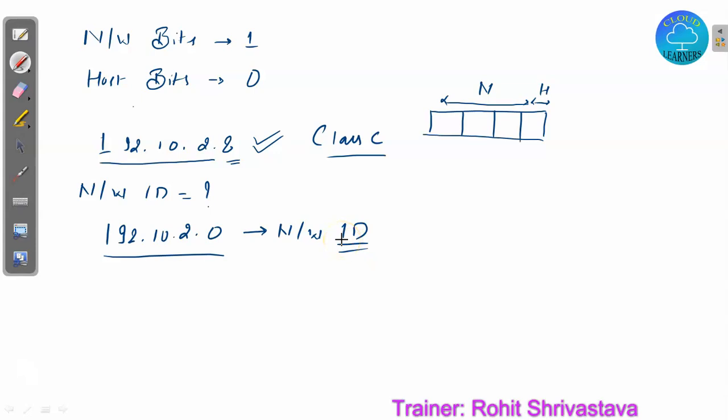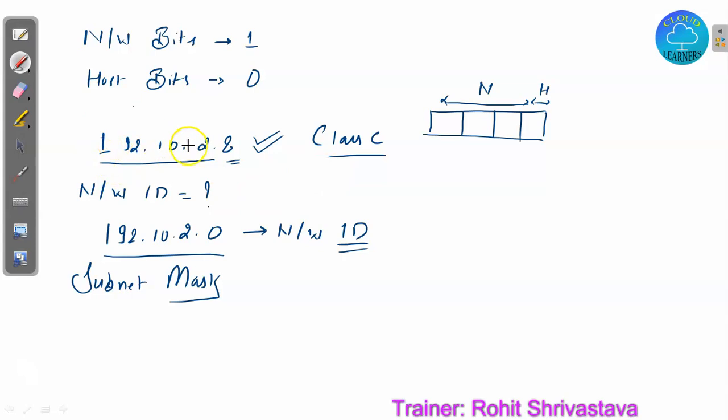Now, if someone asks you what is the subnet mask of this, how do you calculate it? Once again, identify the class. We have class C. So what you need to do is make all the bits for the network part 1.